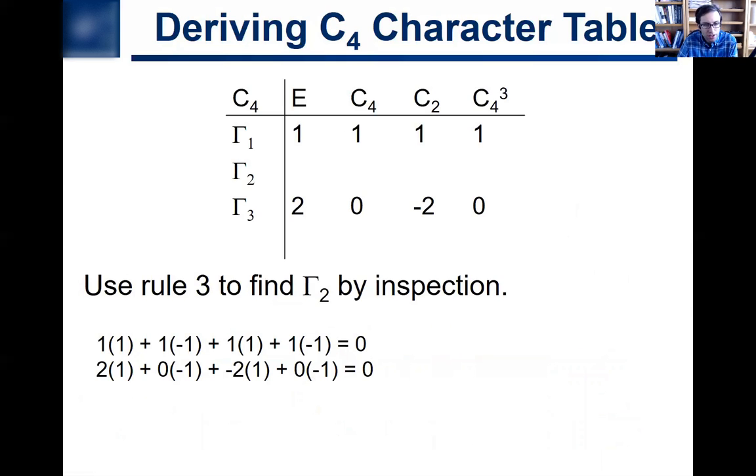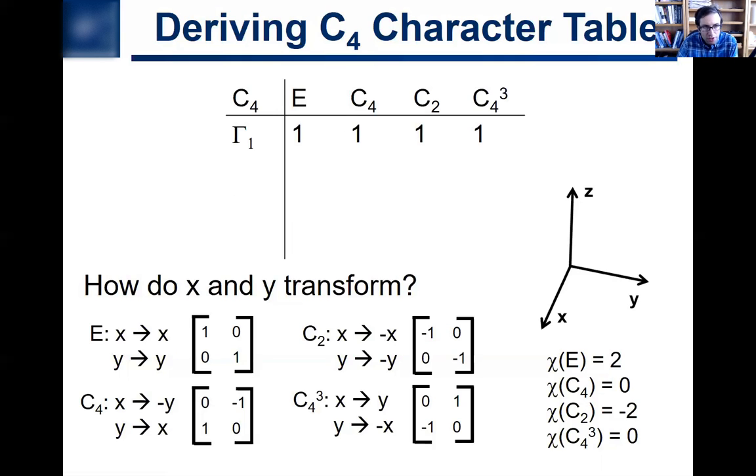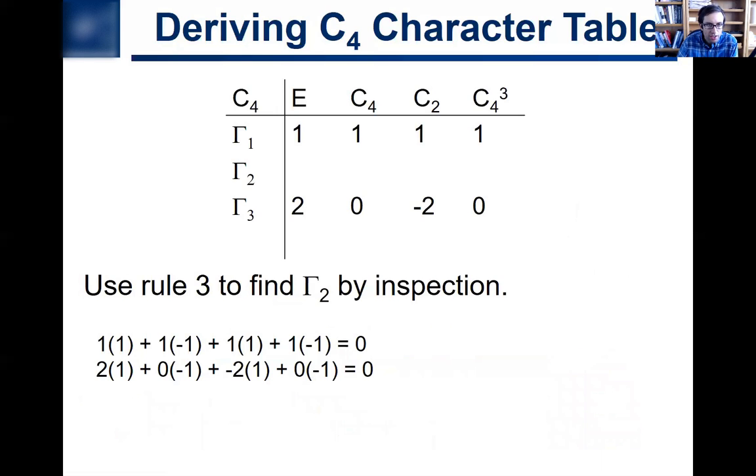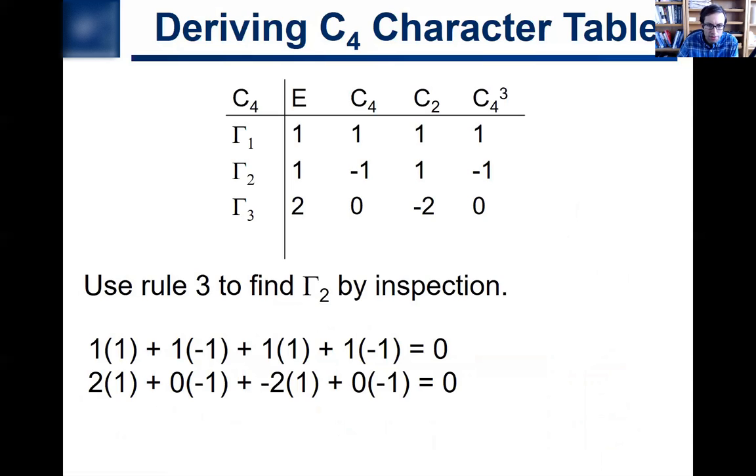So what you can do is write down that irreducible representation, 2, 0, -2, 0, and then use one of your other rules to find the other vector. If you do this, checking to see that everything is orthogonal, you can get 1, -1, 1, and -1. And so everything looks good.